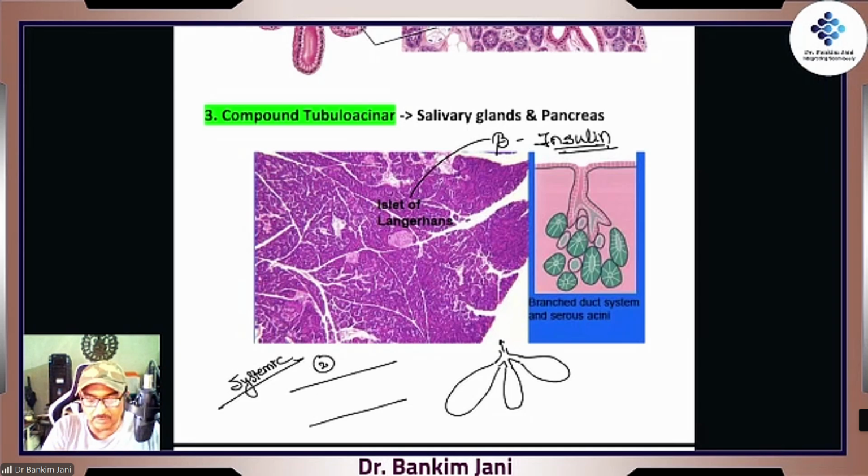If you know this much, histology is sufficient, even from the perspective of USMLE, because in USMLE, systemic histology and basic, they both are asked. So systemic, we'll discuss next time. Once that is complete, it is done.